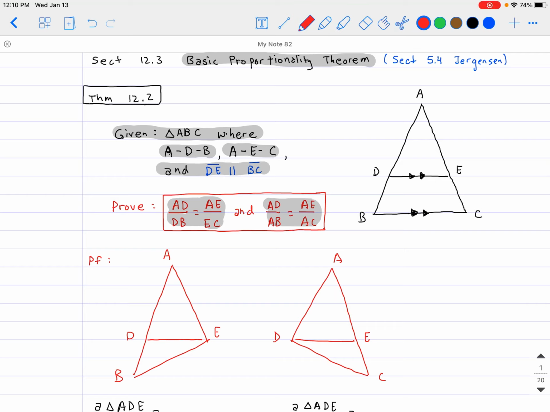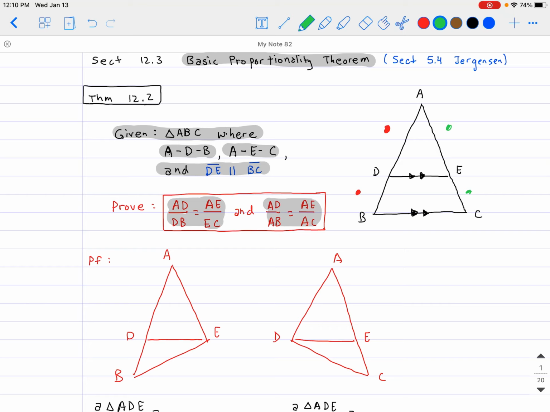Looking at it in terms of sides, AD is located over here. This side over here, AD, divided by this side over here is equivalent to this side over here divided by this side over here. I think by drawing those dots, that might be a little bit easier to look at.